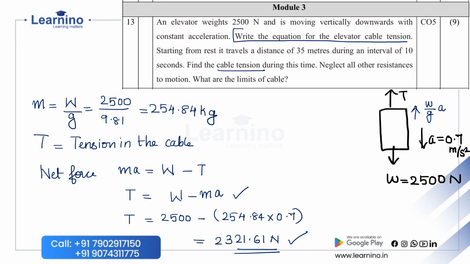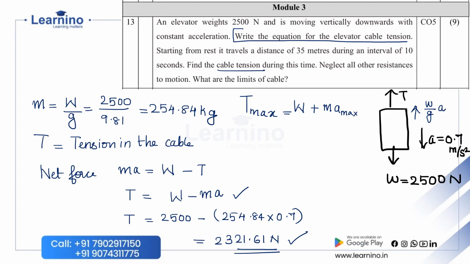Neglect all other resistance to motion. What are the limits of the cable? Limits means we need to find out the maximum tension that is coming and the minimum tension, or if the tension is 0. So if my tension is maximum, T max, my maximum tension will be W plus mass into maximum acceleration.